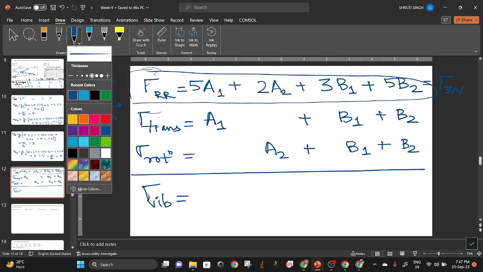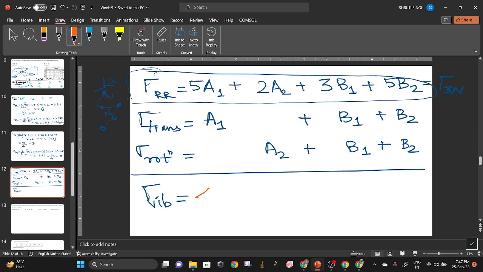Now after subtracting, we'll get 5A1 minus A1, we'll get 4A1 plus A2 plus B1 plus 3B2. So this is the vibrational thing. This is the total number of vibrational modes.